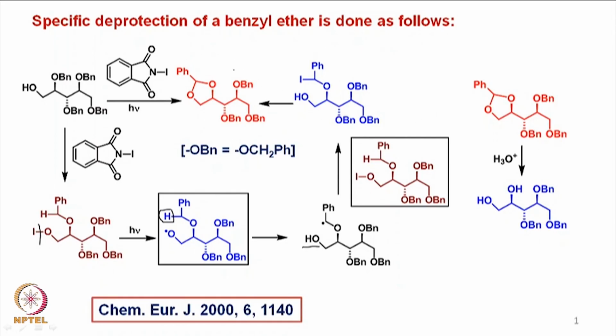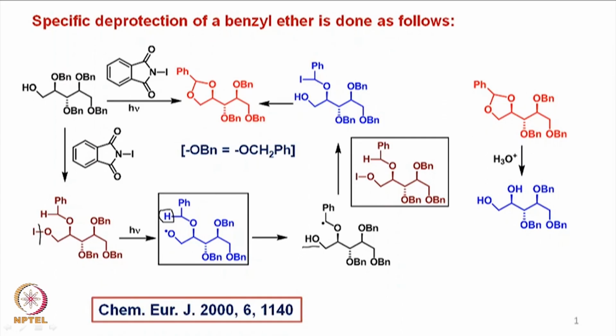Now, this ketal having 3 benzyl oxy groups can then be hydrolyzed under acidic conditions, because these benzyl ether groups are stable under acidic conditions, but this ketal is not stable and undergoes hydrolysis to form the corresponding diol.